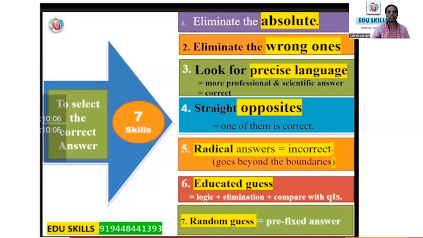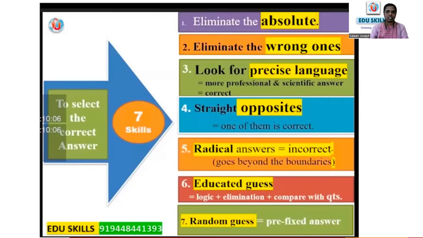First, you can eliminate the absolutes. What do you mean by absolute? Something to the maximum or the minimum, like all or any. To both ends. You can't say all the nurses are working in India. No. That is an example of an absolute.